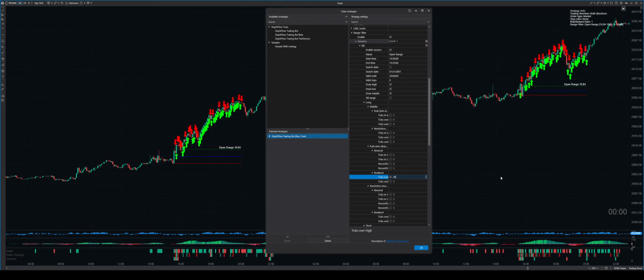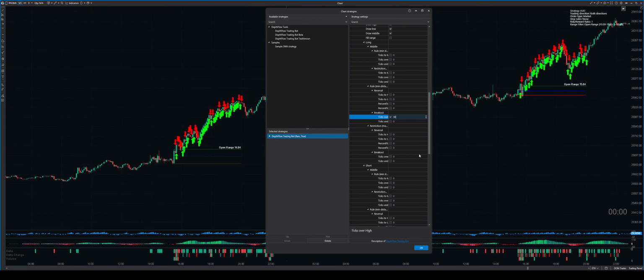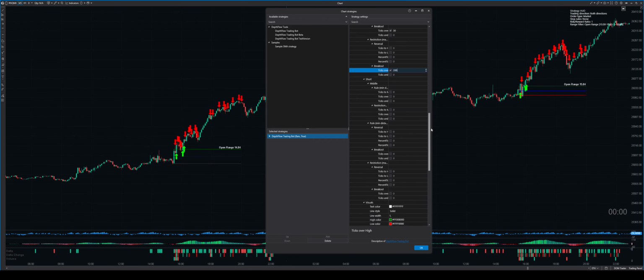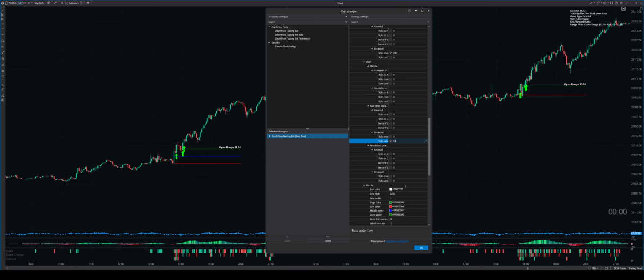That means for the long direction, it should be positioned at least 30 ticks above this range. And we also define a maximum value as well, which we can possibly adjust again later on. I'll just go with 200 ticks for now. And on the downside, I'm doing exactly the same thing here, setting it to at least 30 ticks below that range with a maximum value of 200 ticks.